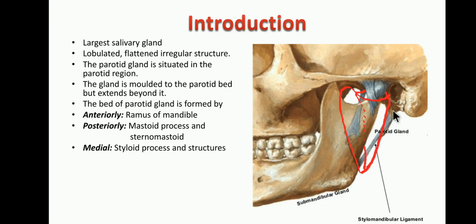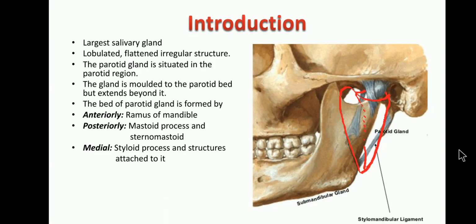This is the stylomandibular ligament, a thickening of the investing layer of deep cervical fascia. This ligament separates your parotid gland from the submandibular gland, which is labeled here. So this is the situation of the submandibular gland. So medially, the styloid process and structures attached to it, as I told you.